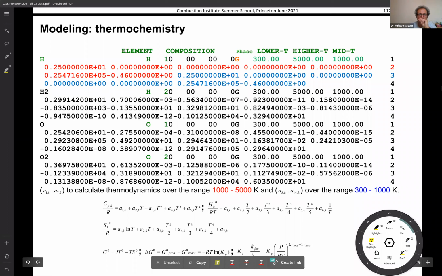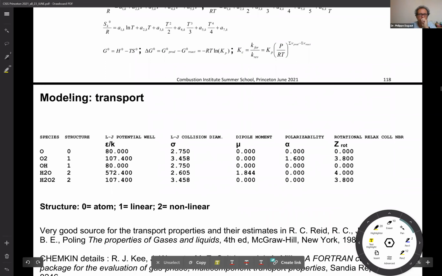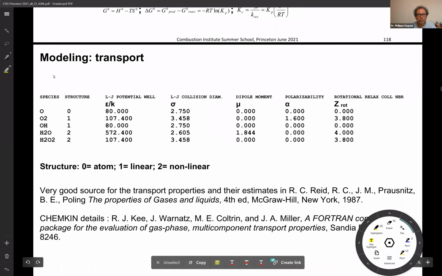Transport data are also provided. This is not always used, but if you are computing flames, of course you need these. So there are different parameters which are provided. First of all, the species, then a number which indicates if the species is an atom, then you have a 0. If it's a linear species, then you have a 1.